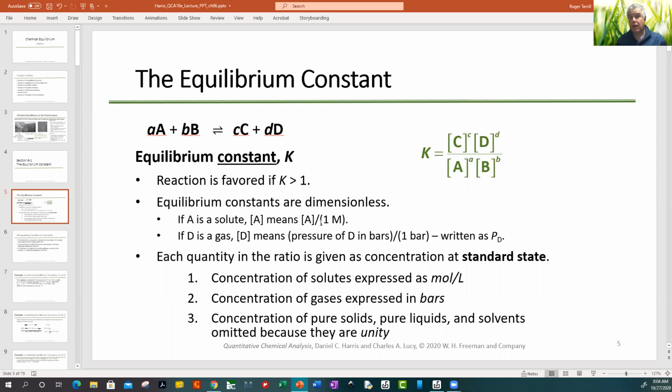That gets baked into the K value, but it doesn't violate any other principle we're using. So concentrations are molar, moles per liter. Pressures are bars. Everything else is unity: pure solids, pure liquids, and solvents are unity.